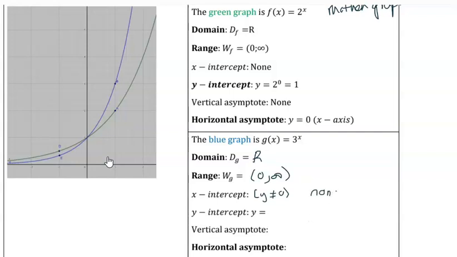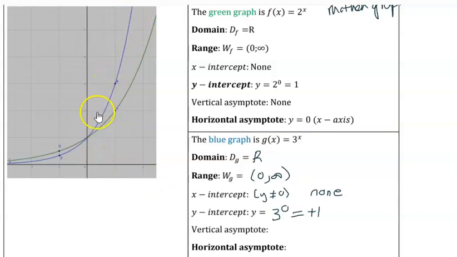The y-intercept is when x is equal to 0, so I must substitute 0 into that 3 to the x, and that will give me a value of plus 1. And that is exactly what happens there.